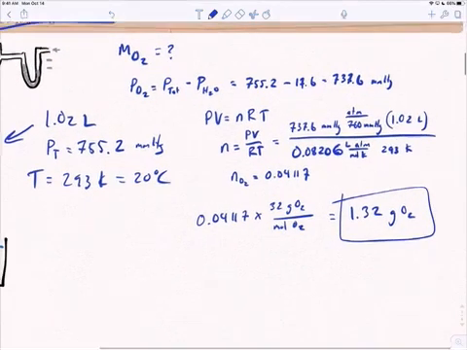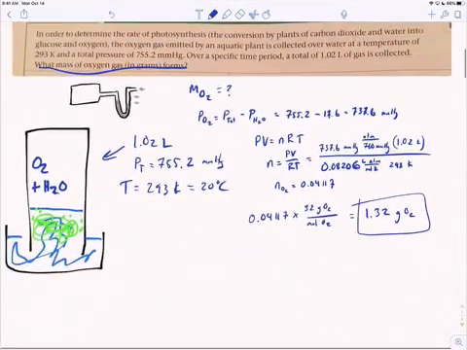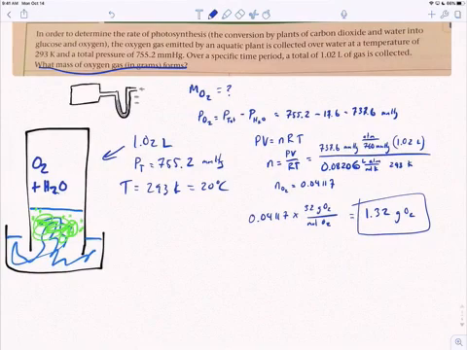All right. So recap with this one. Oxygen over water. 1.02 liters of gas, oxygen gas and water. Total pressure, 755.2 millimeters of mercury. Temperature, 293 Kelvin, 20 degrees Celsius.